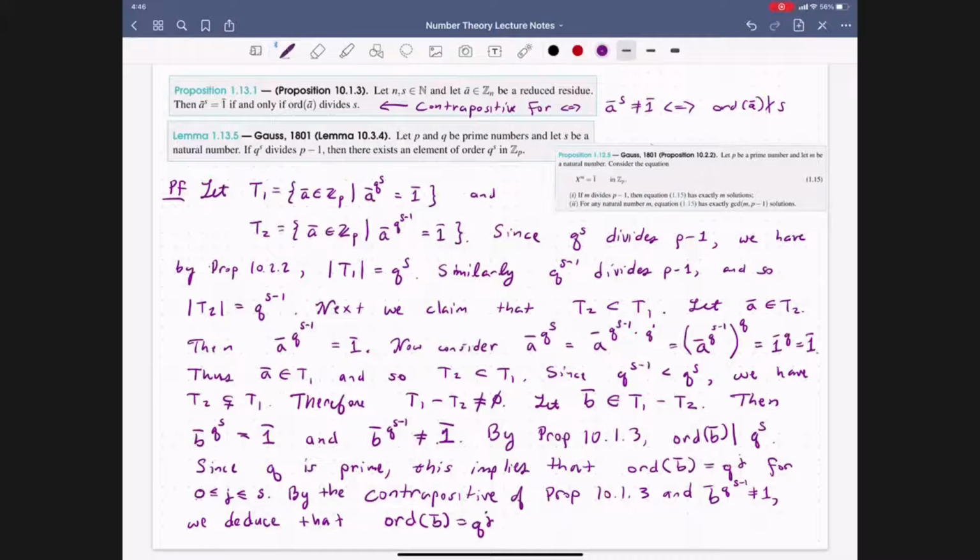So we have order of B bar is equal to q to the j. This does not divide q to the s minus 1.